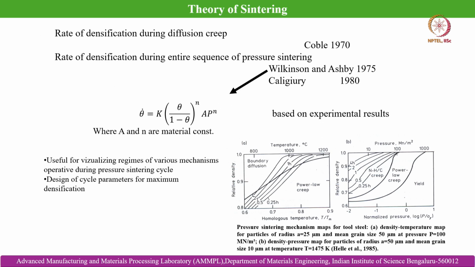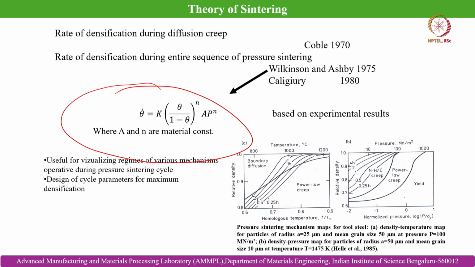And then the rate of densification during diffusion creep was given by Coble in 1970, and the rate of densification during the entire sequence of pressure sintering was given by Wilkinson and Ashby in 1975. So, here the expression can be written like this. Theta dot is equal to k theta by 1 minus theta to the power n, a p to the power n, where a and n are material constants.